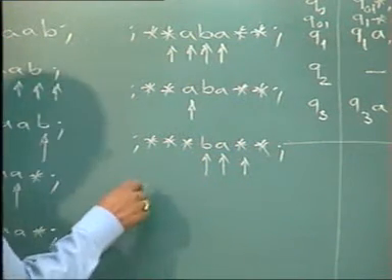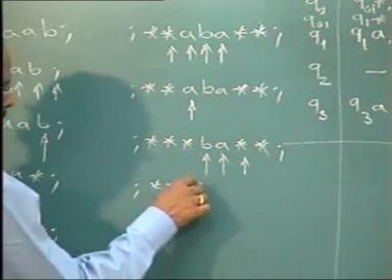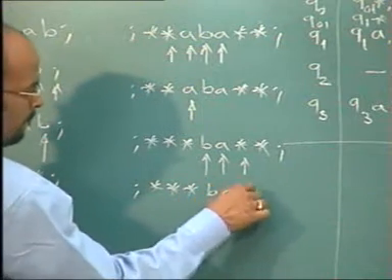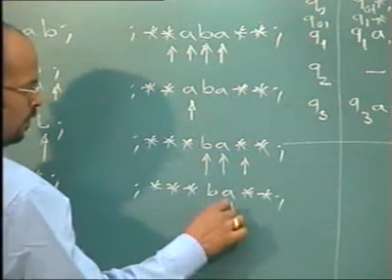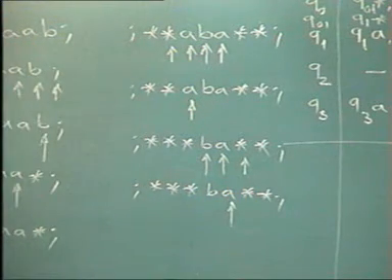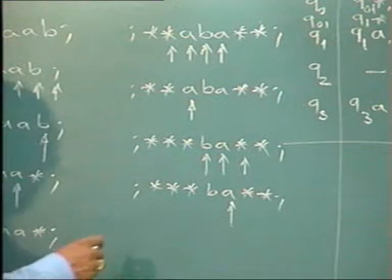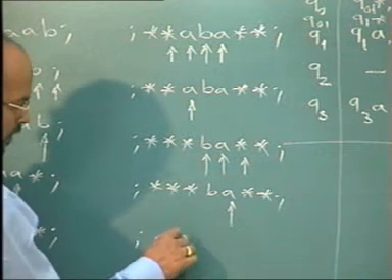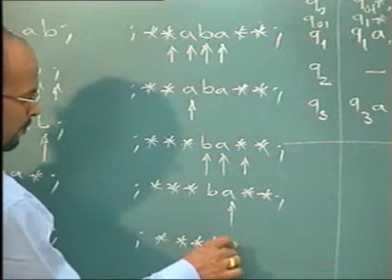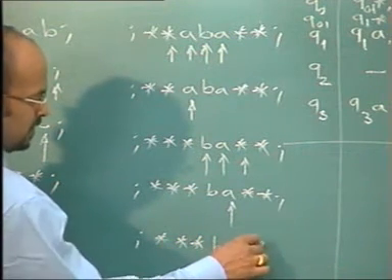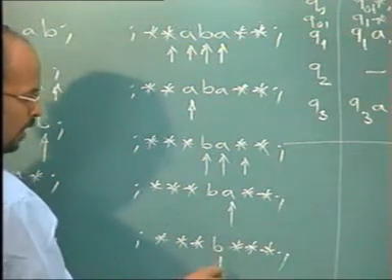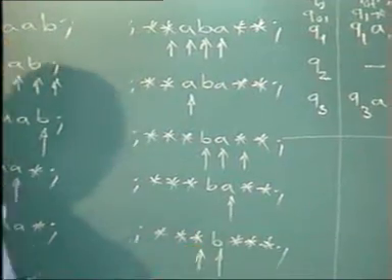When you get star, move the head towards the left by one. We are still keeping track of what we were marking. We had marked the first A, so we should now get the symbol A only. So mark it as star and move the head to the left and keep on moving to the left till star.